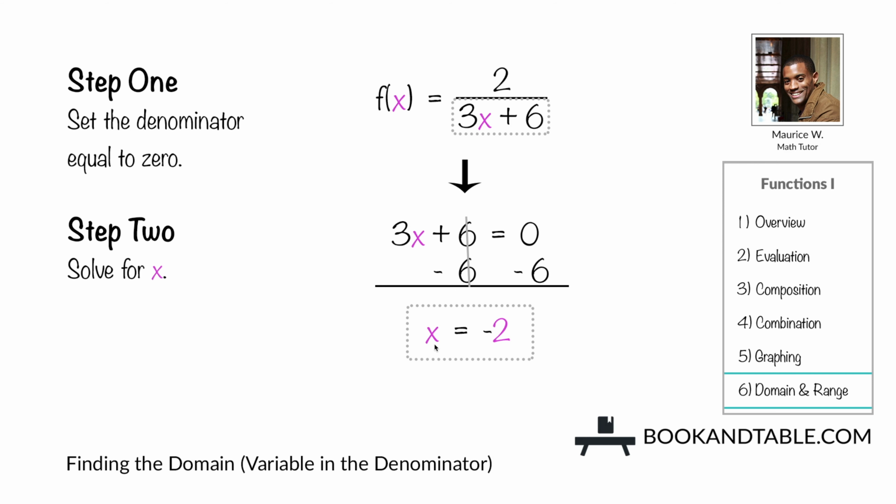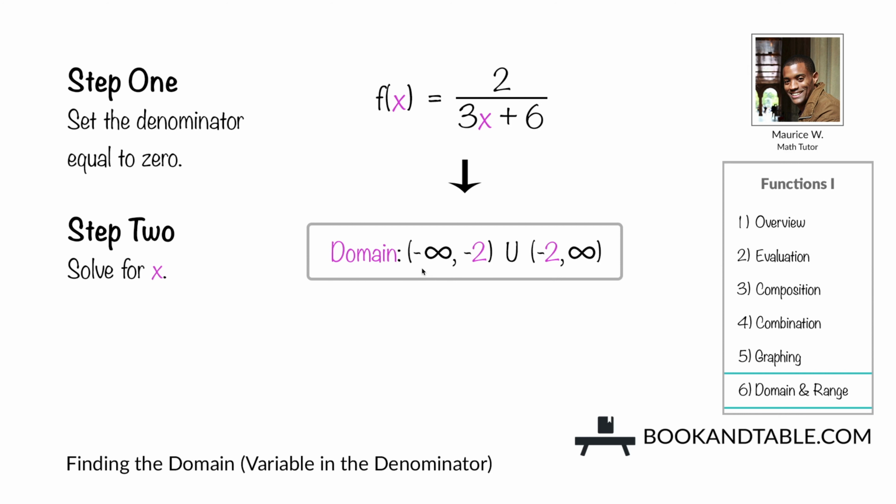So this shows us the number that x really cannot equal. When x is equal to -2, this is when 3x + 6 is equal to 0. So this is the number we are trying to avoid.